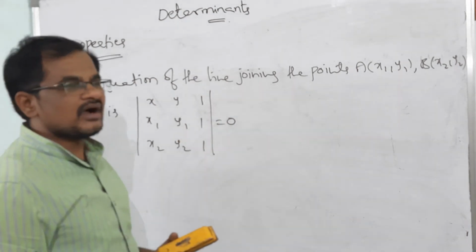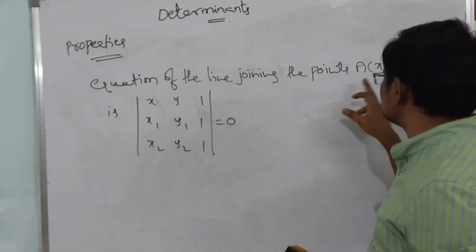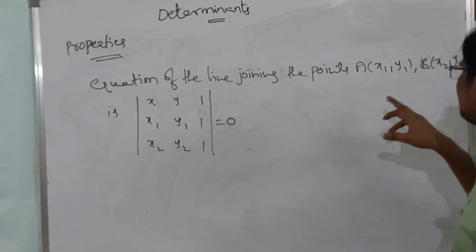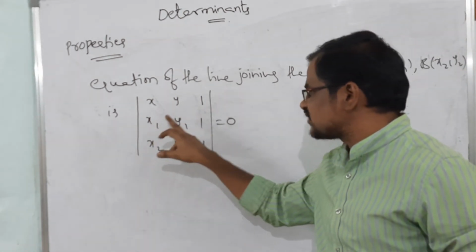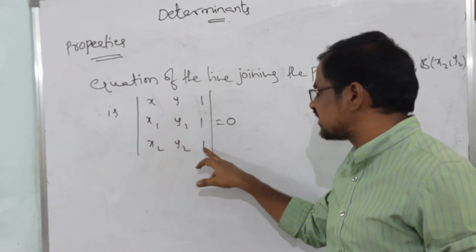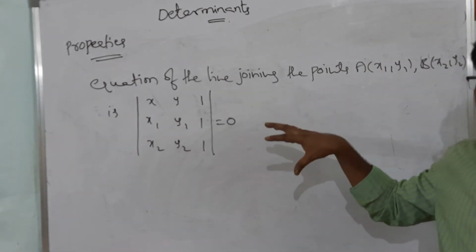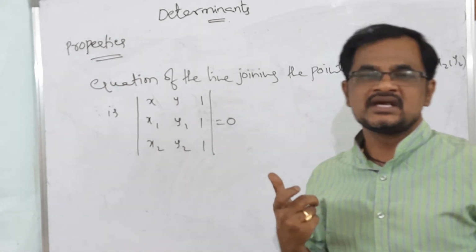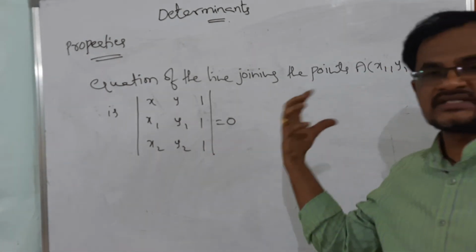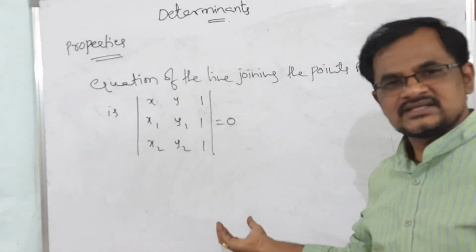This is the formula for finding the equation of the line joining or passing through the 2 points (x1, y1), (x2, y2). So these 3 formulas are based on the area of the triangle formed by 3 points, the condition when the 3 points are collinear, and the equation of the line joining 2 points.